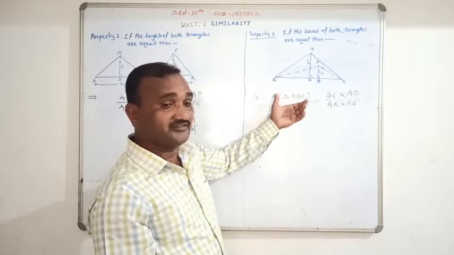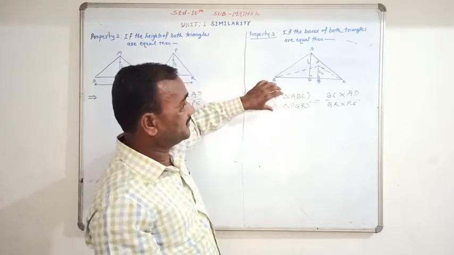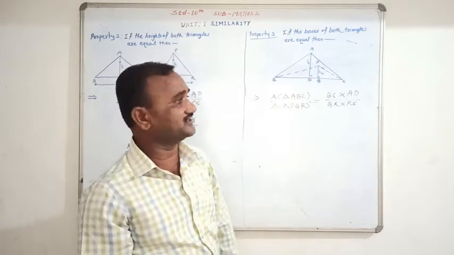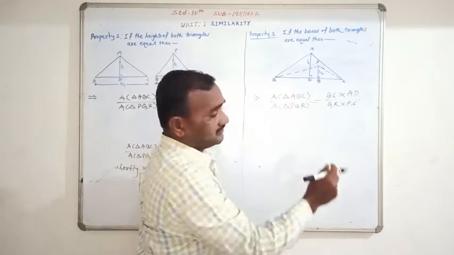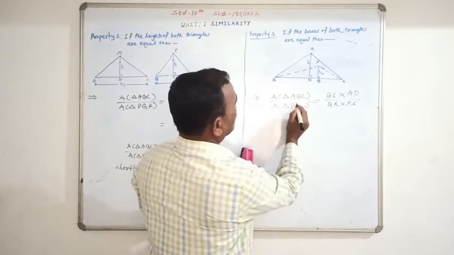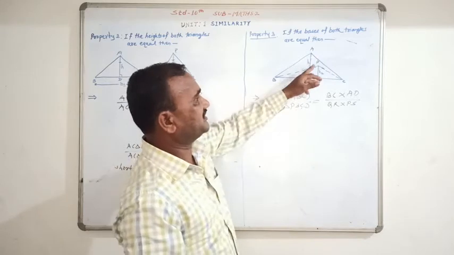So for the first property we use this figure. We get area of triangle ABC divided by area of triangle PQR is equal to BC into AD divided by QR into PS. So look at the figure, here triangle PQR is not there, triangle PBC is there.